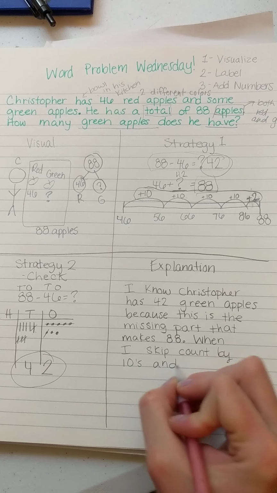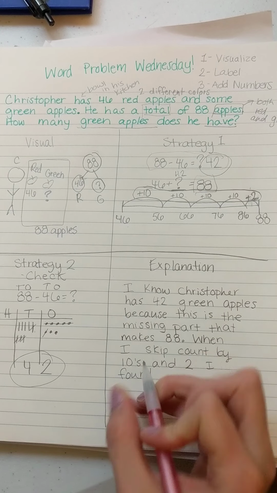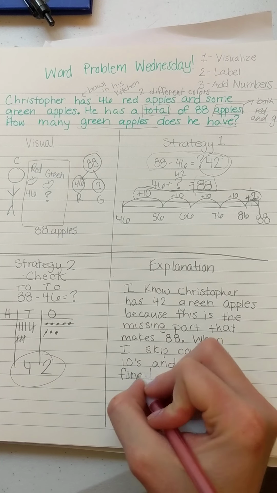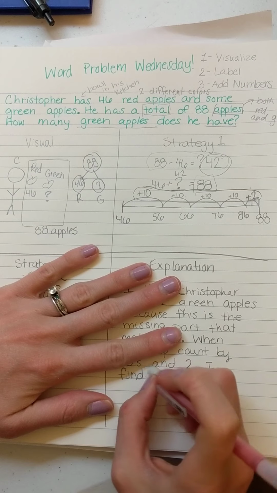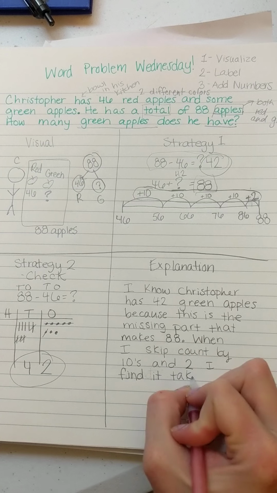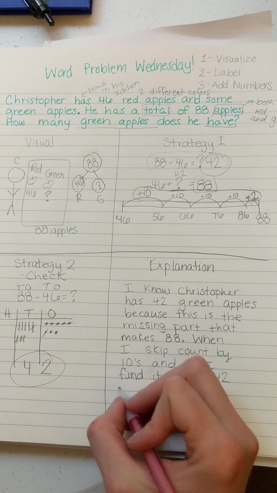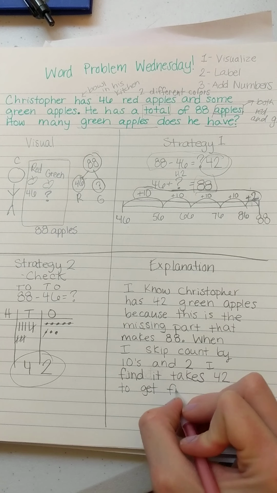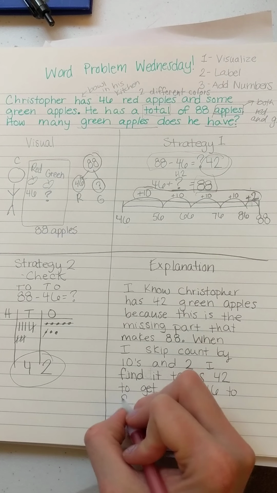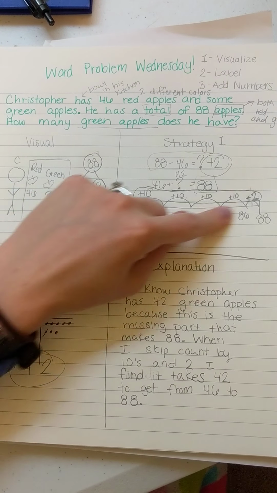Tens and 2, I found, oops, I should say I find it takes 42 to get from 46 to 88. Okay, so that was me kind of explaining how I used my number line to solve for the missing part.